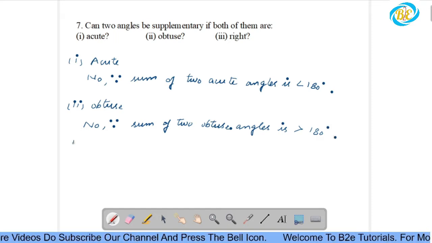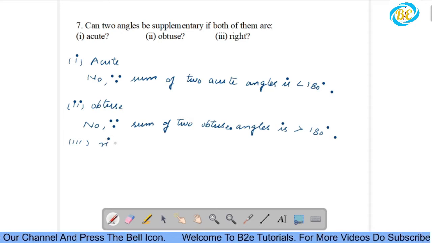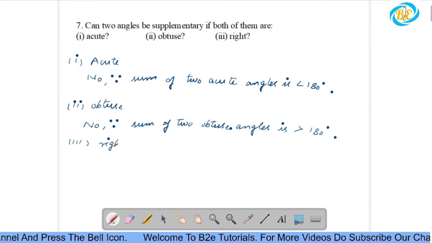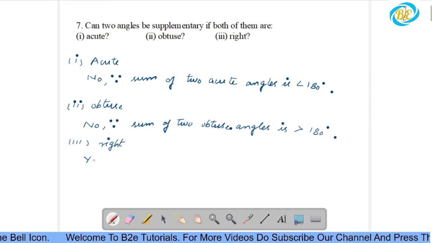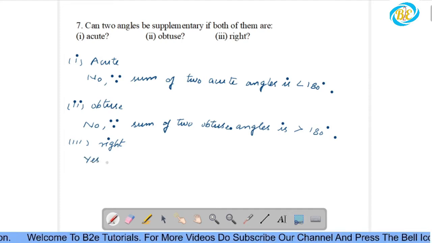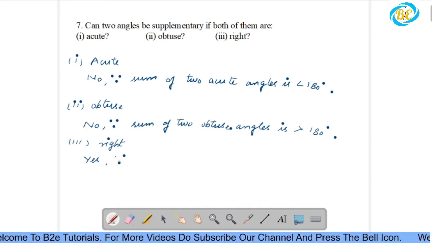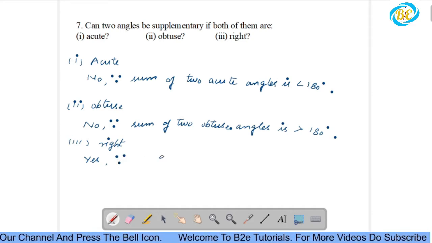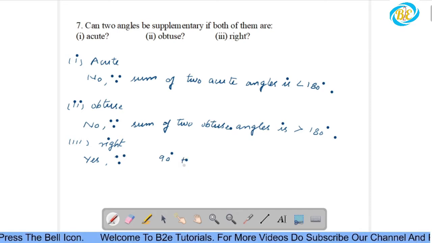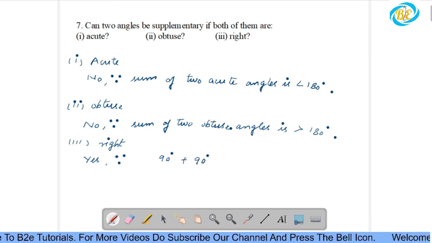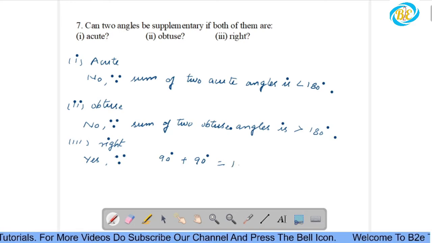Now third, right. Your answer is yes, because sum of 90 plus 90 degree equal to 180 degree.